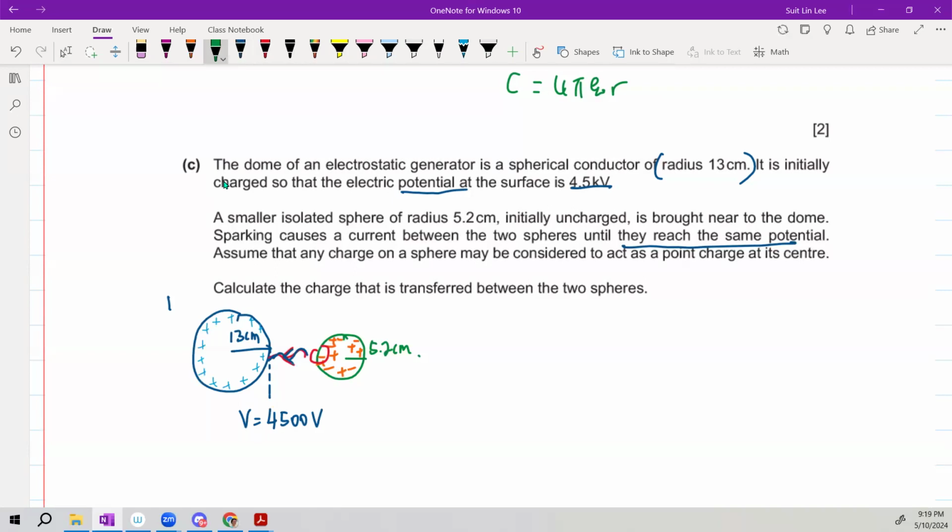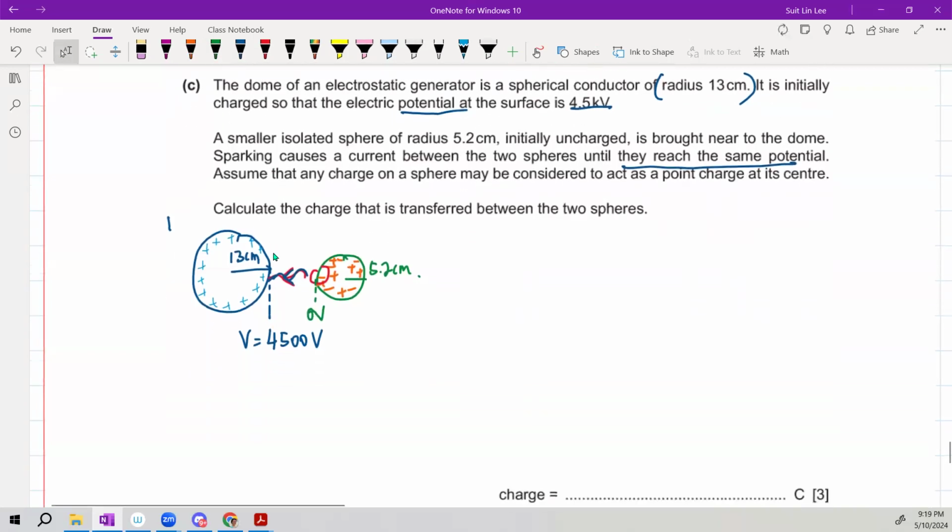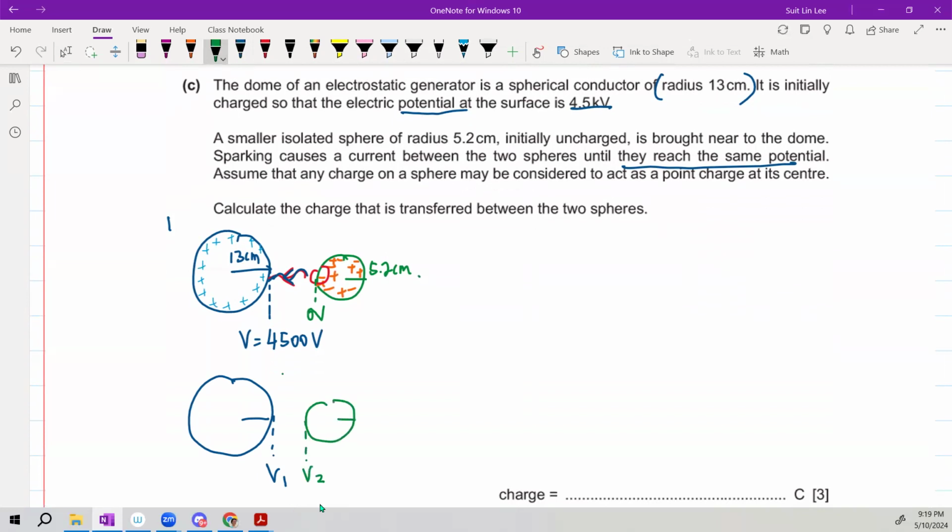So currently, the potential here is 0 volt. And after some charge transfer, the potential in the big sphere here, let's say this is V1, it is less than 4500, but I don't know what is V1. And this second sphere here will be V2. It will be more than 0, but I don't know what it is. V1 is equal to V2. Sparking will stop.